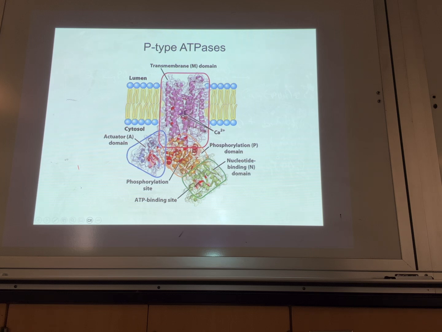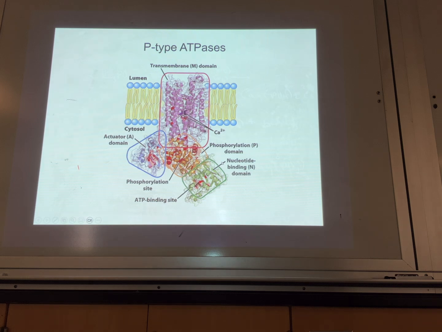So when the transporter is ready to go, in this case, we're looking at a calcium P-type ATPase, which we're going to look at an example of here in a sec. You can see the calcium ions need to be in place, ready to go, ready to be transported from the cytosolic side to the lumen side.